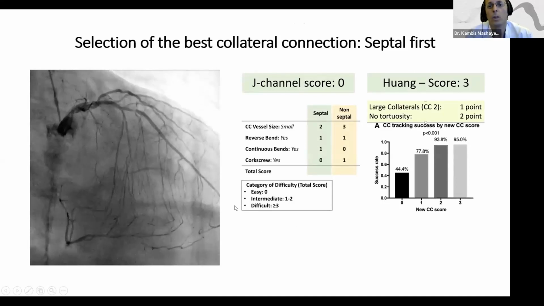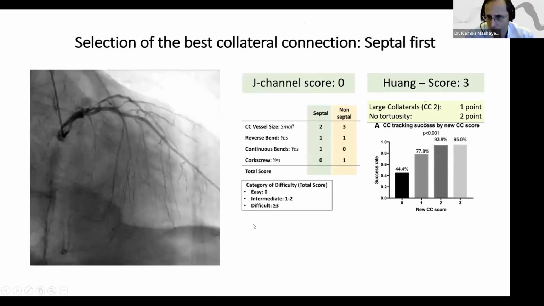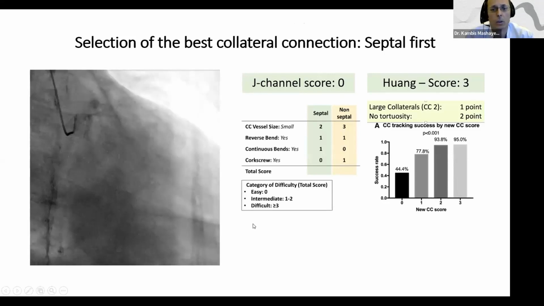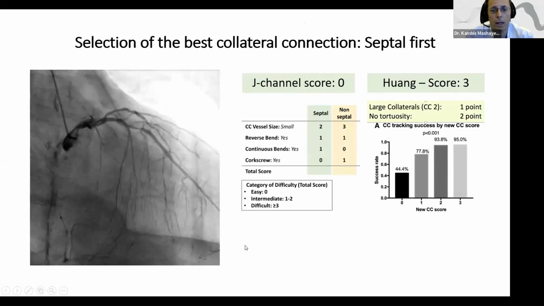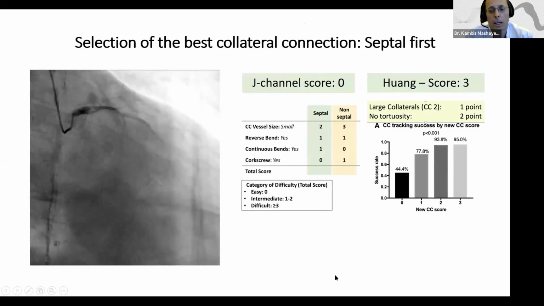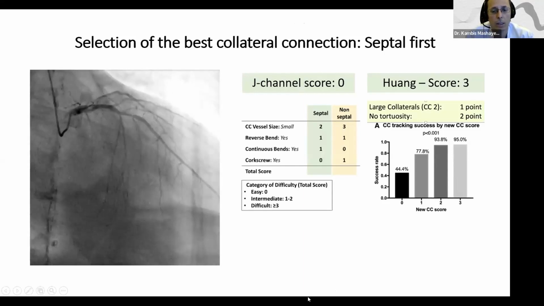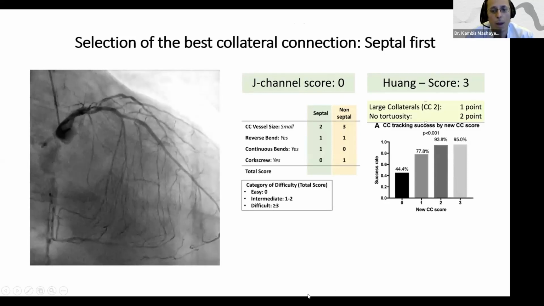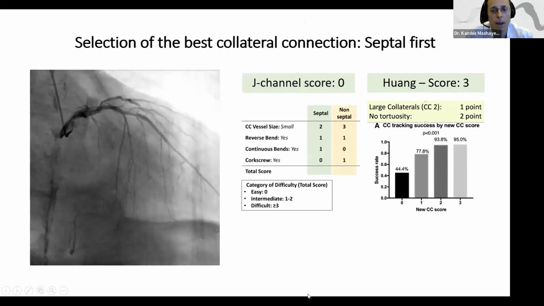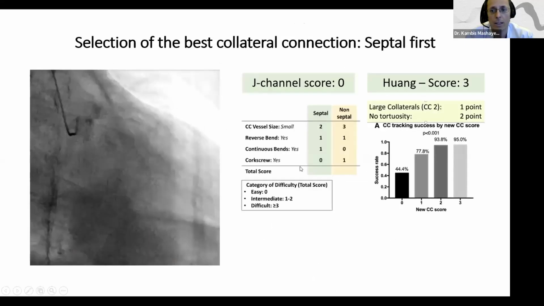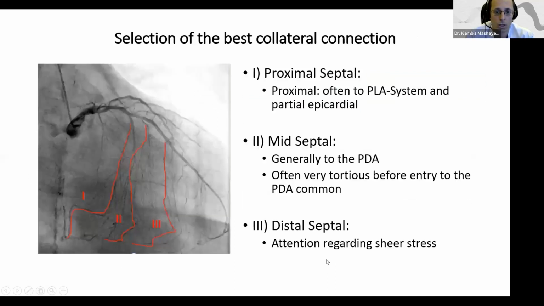So, which is now the best collateral selection? Once you start for retrograde, we have a clear recommendation. You should start with those kind of septal connections which are simple to pass, multiple connections, and no tortuosity. You will find that there is a J-channel score of 0 and the Werner score of 3, based on the fact that there are large collaterals and there is no tortuosity.